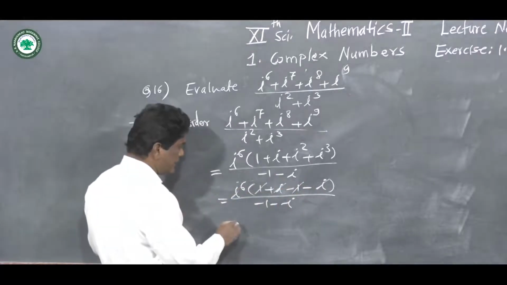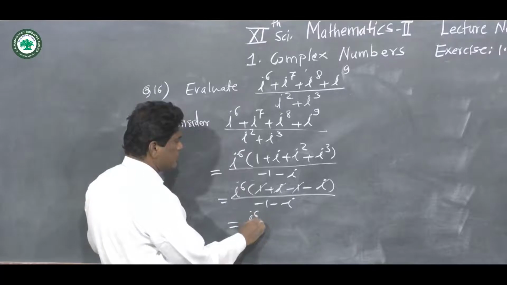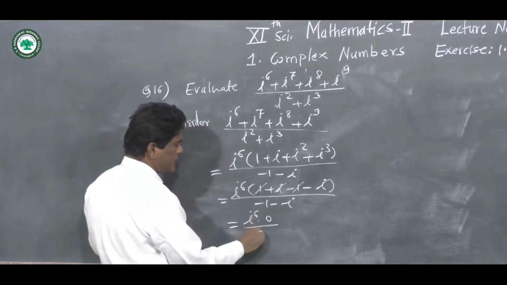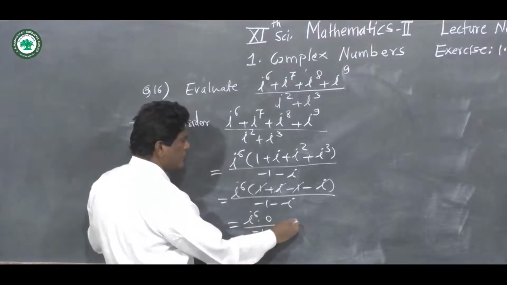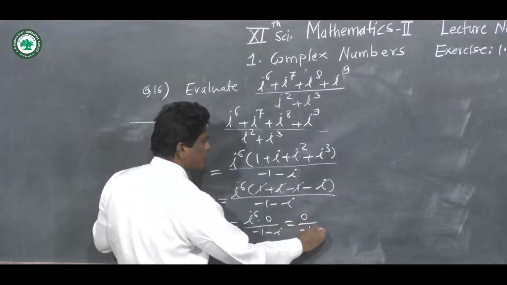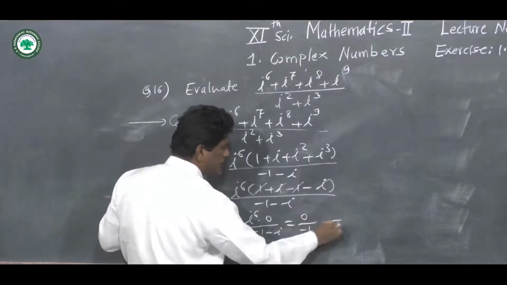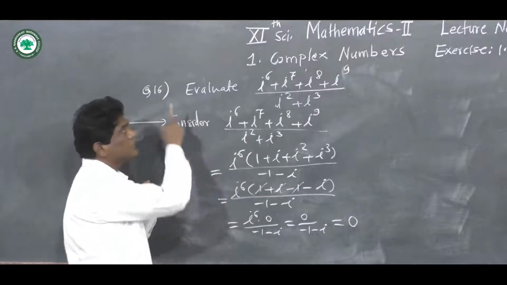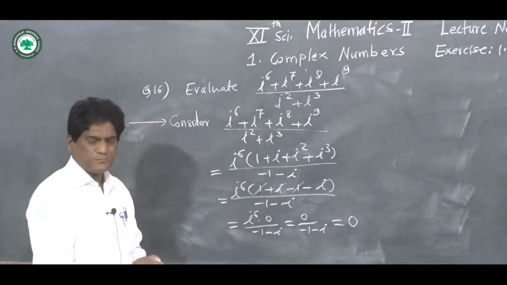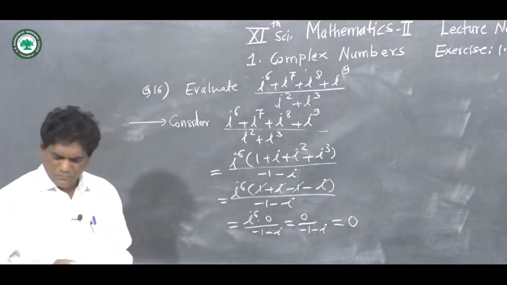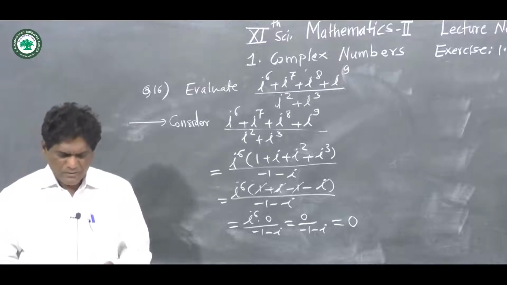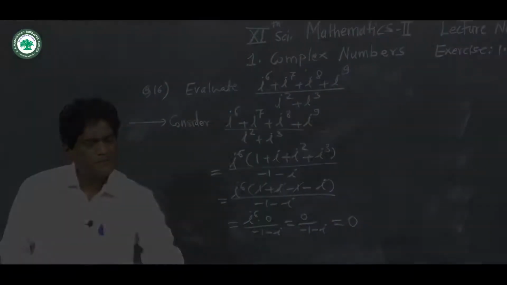So we get i to the power 6 into 0 divided by minus 1 minus i, means 0 upon minus 1 minus i, and 0 upon anything is equal to 0. So the value of this is 0. In this way we have completed the 16th problem. Now problem number 17.